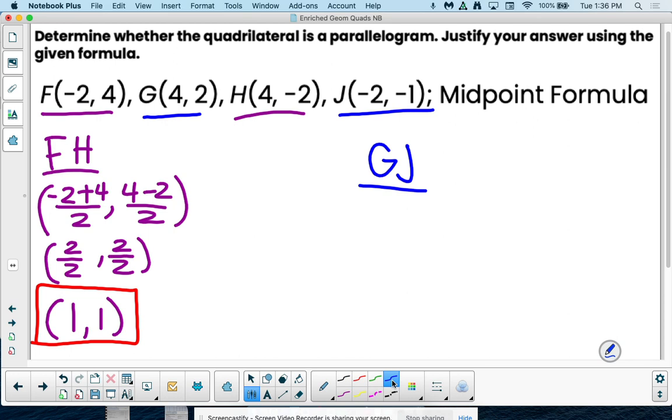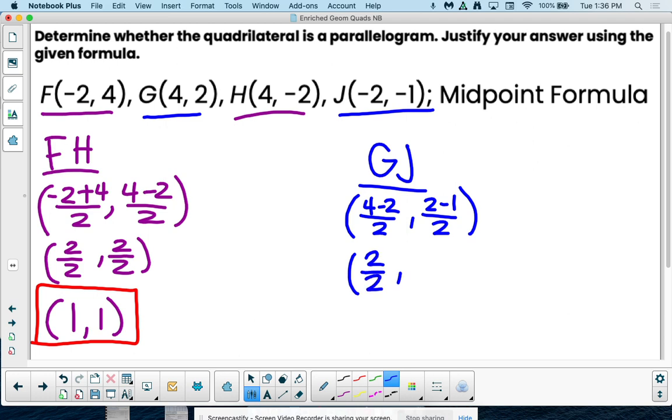GJ is like 1 something. Oh, 1 and 0.5 for GJ. Right? 1, 1. 1.5. Yeah, the other one's 1 point. I said 1, 1. We have the rest of this one. 1, 1.